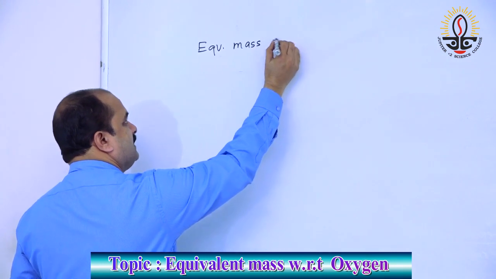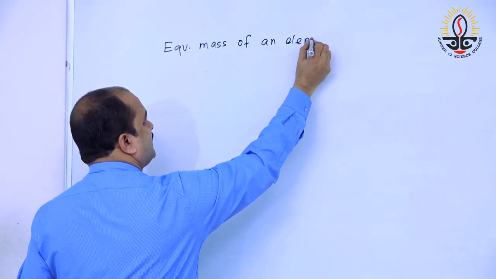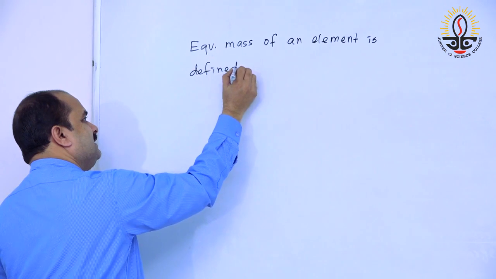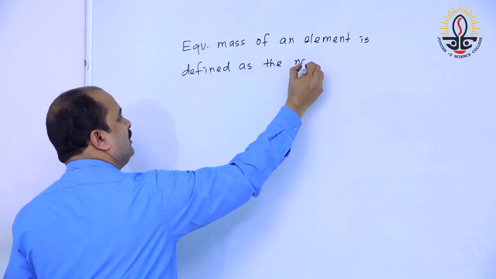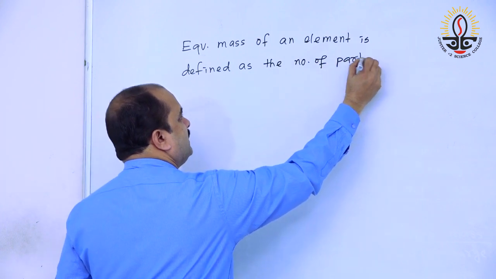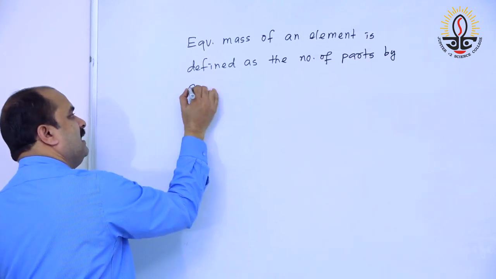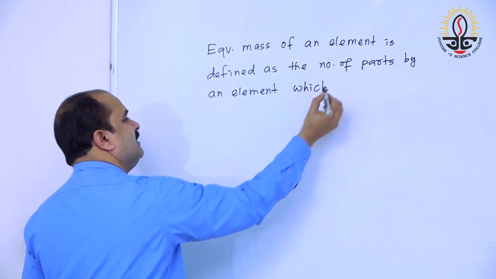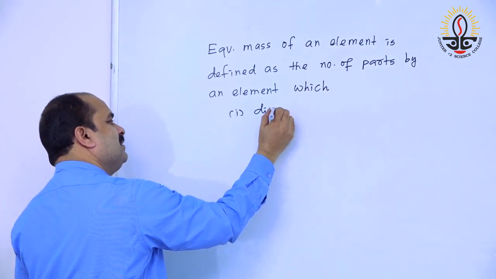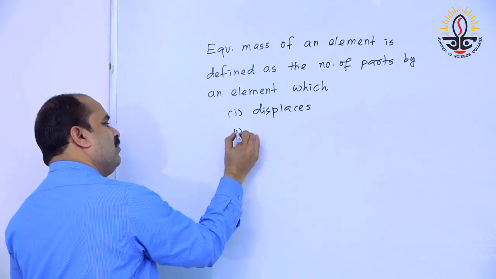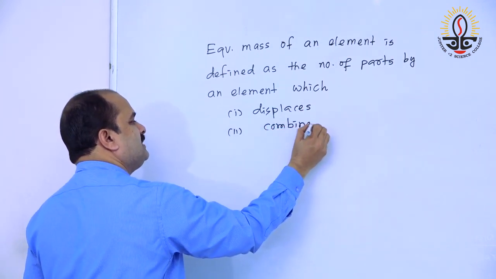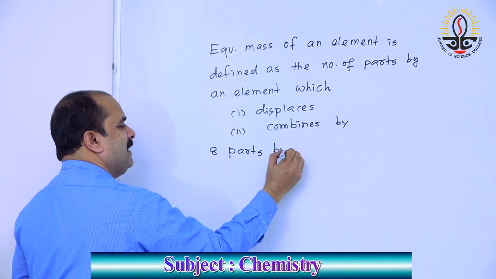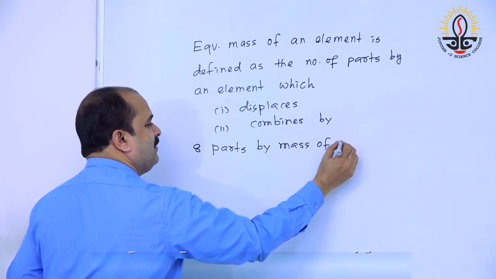Equivalent mass or weight of an element is defined as the number of parts by mass of an element which displaces or combines with 8 parts by mass of oxygen.